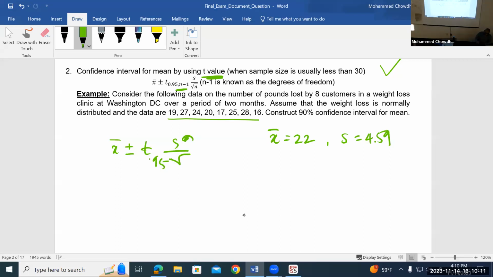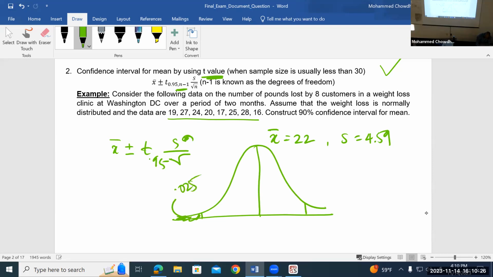Okay, now how can I find this one? This is the 95% confidence interval using the t, that is 0.025, and that is 0.025. So what you will have to write, you have to write a code.